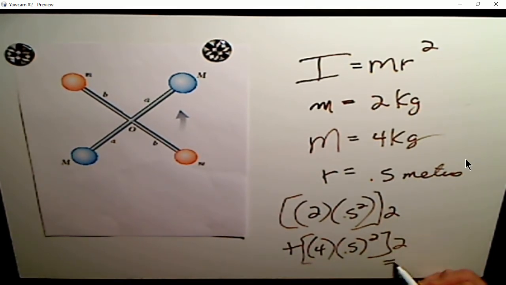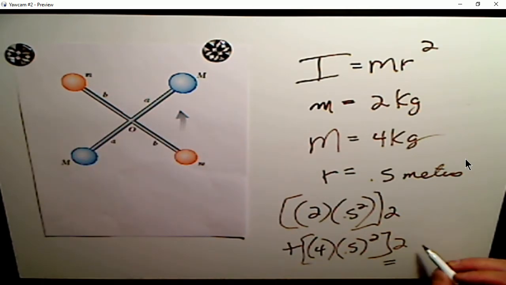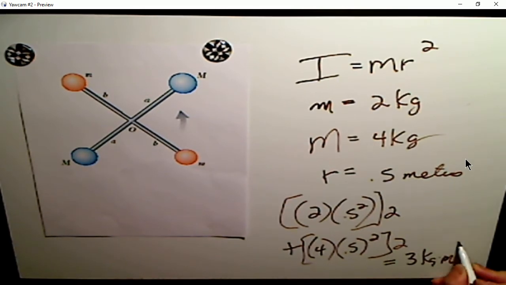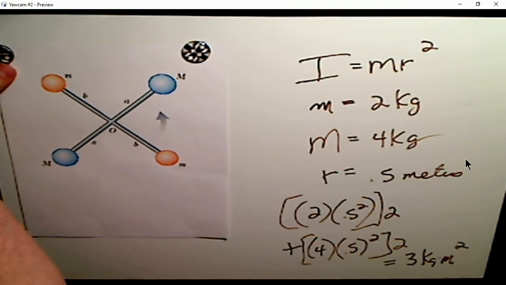So the moment of inertia of this system here is 3 kilogram meters squared. Okay, fairly straightforward.